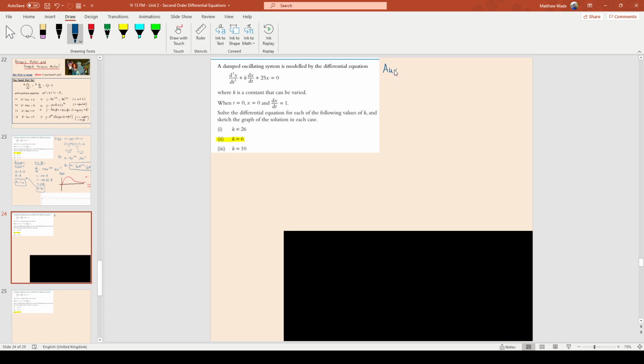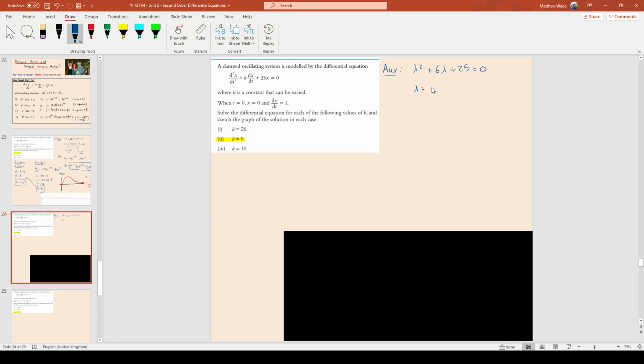First things first is the auxiliary equation. So let's do it. It's going to be lambda squared plus 6 lambda plus 25 equals 0. There's definitely not two numbers that times to 25 and add to 6, so it's going to be the quadratic formula.